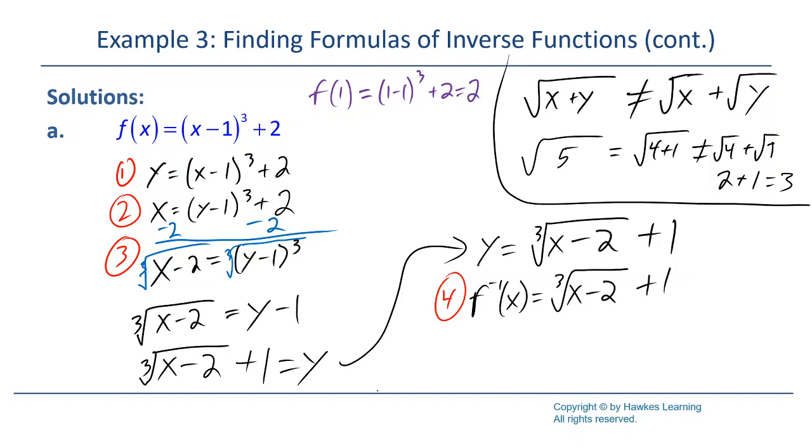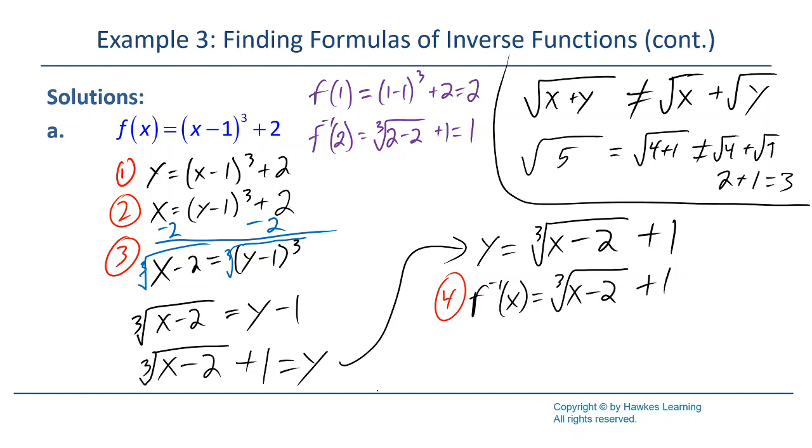Now let's do f inverse of 2. If I do f inverse of 2, I get the cube root of 2 minus 2 plus 1. So the cube root of 0 is 0, plus 1 is 1. And so from that example, you can see that our inverse seems to be working properly.